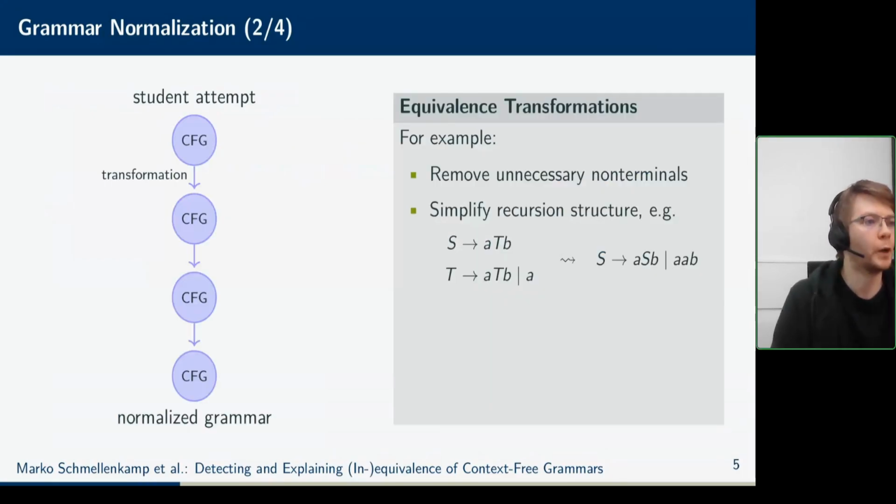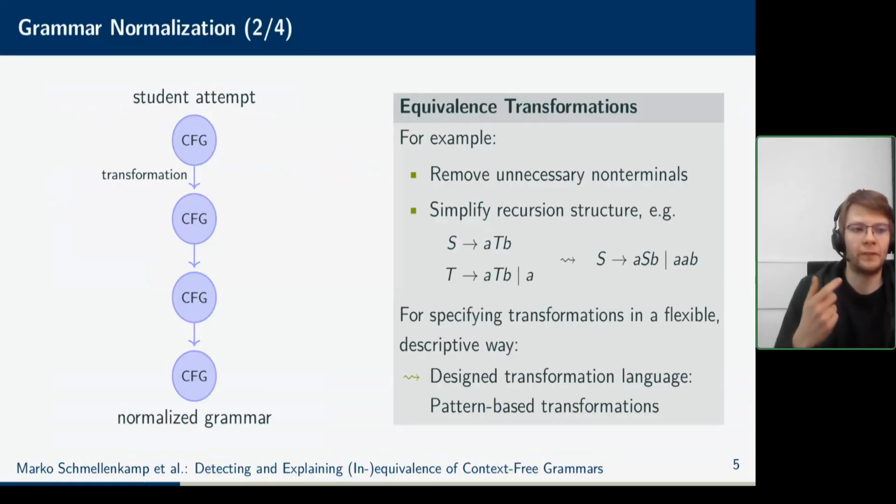We use equivalence transformations on grammars. They can be as simple as removing unnecessary non-terminals, like non-producing or non-generating ones, but they can also be more advanced and non-standard, like getting rid of one reduction level, which is not necessary. That's an example on the slides.